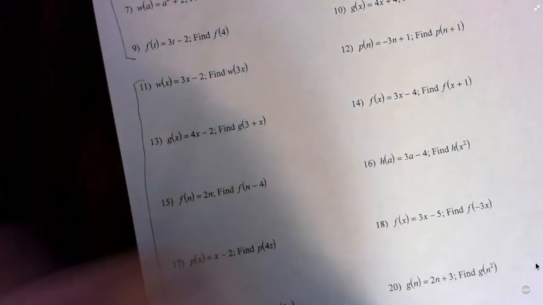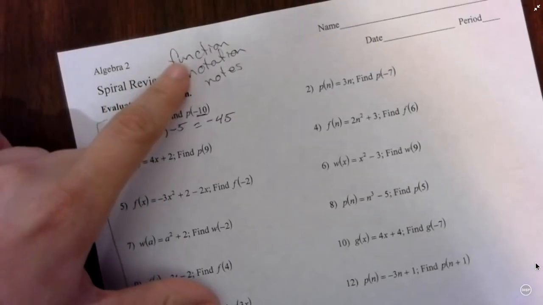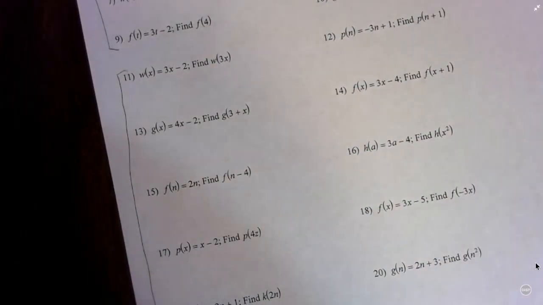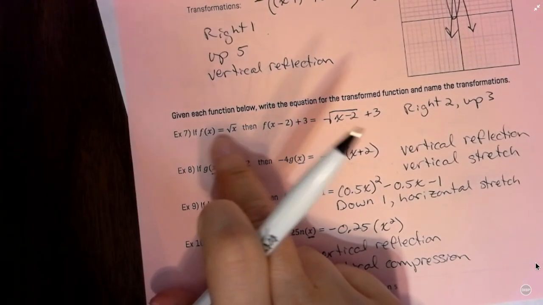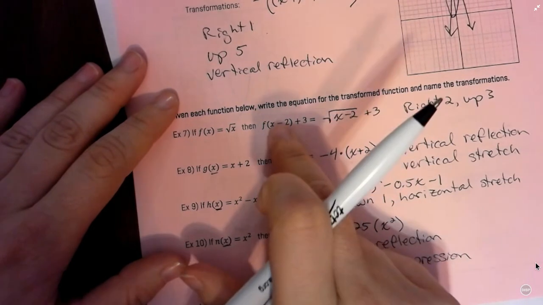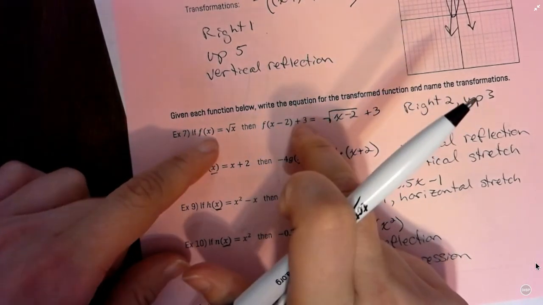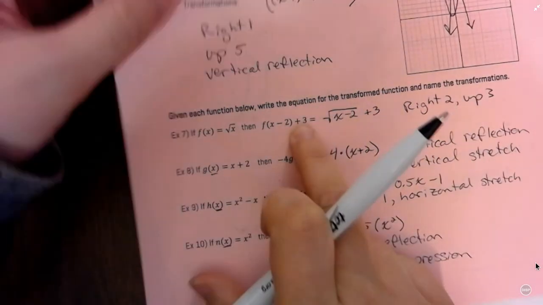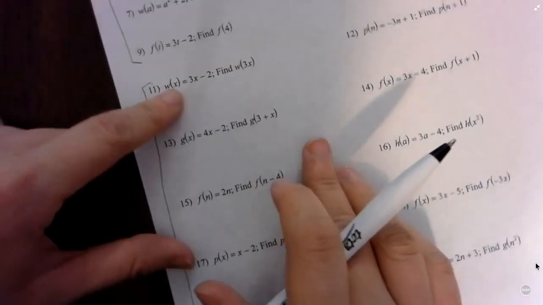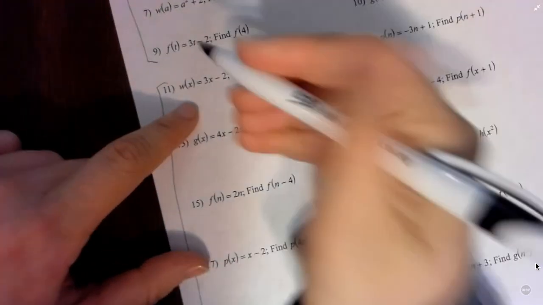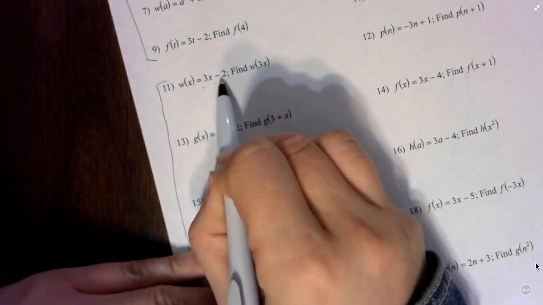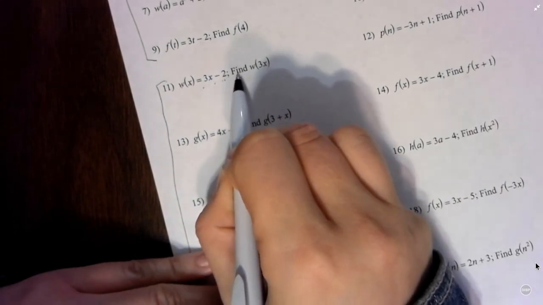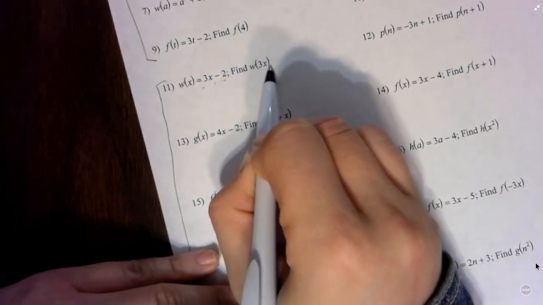11 through 20 is what you did on your function notation notes, but also what we were doing here. It's exactly the same thing. You start with a function, and then you replace the x with something maybe, or add something to it or whatever. So number 11, if w of x equals 3x minus 2, then find w of 3x.